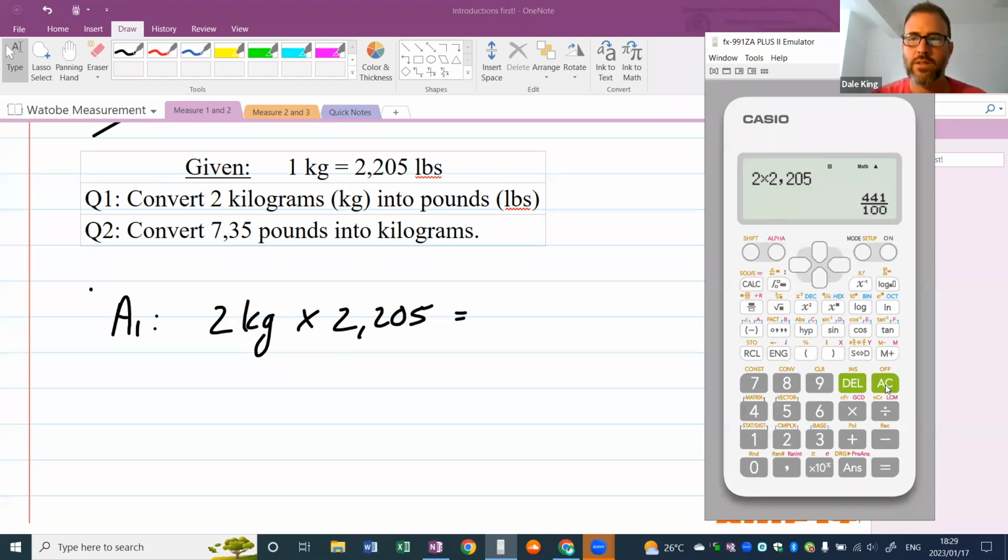More brilliant answers are coming in with units.